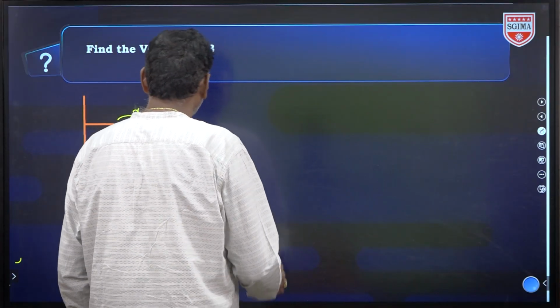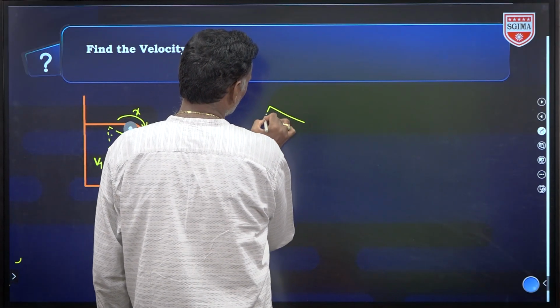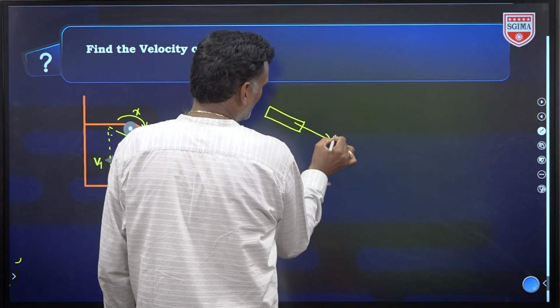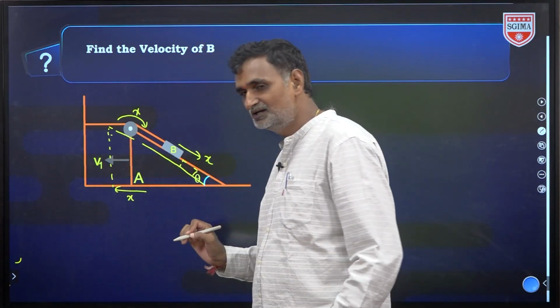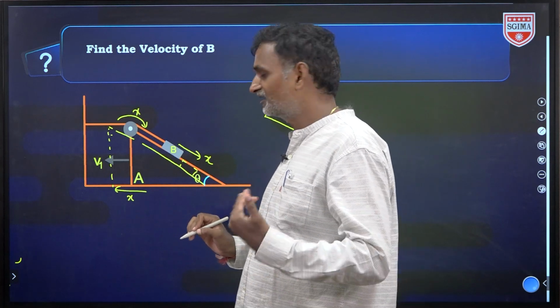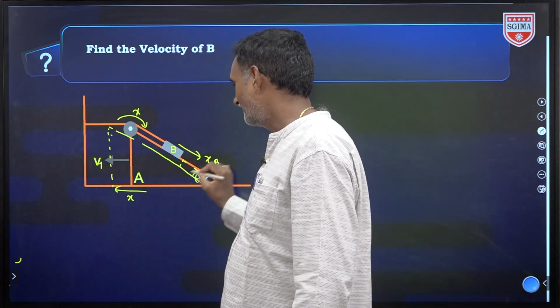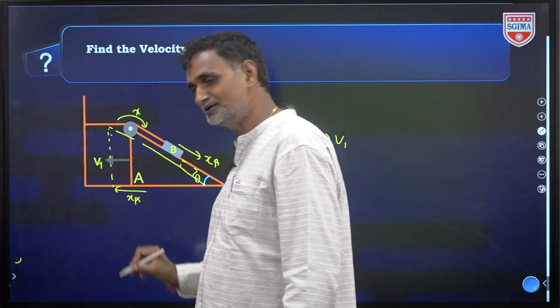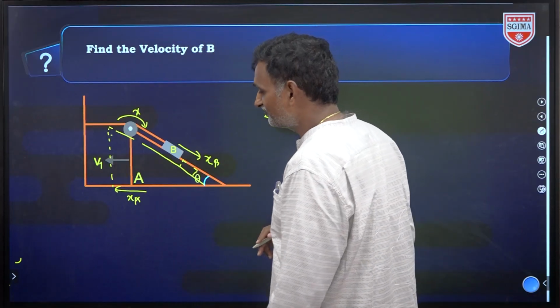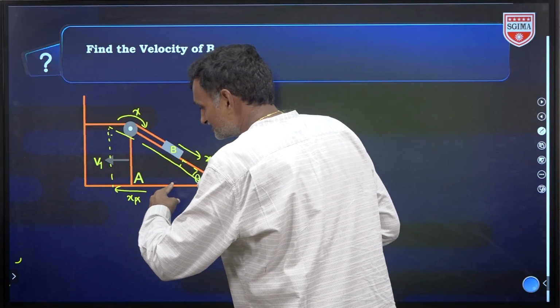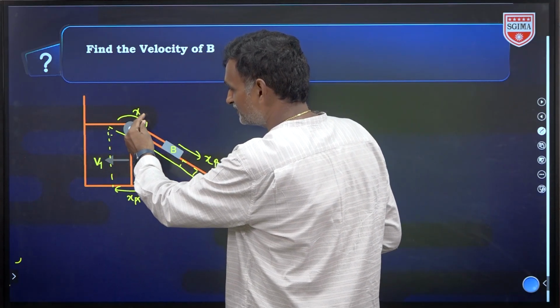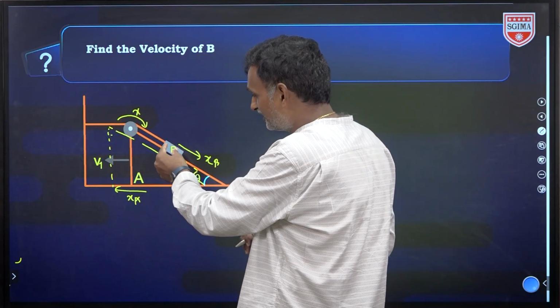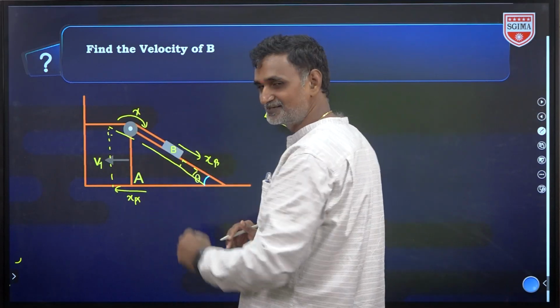Once again, the diagram: this is block B, falling downward with velocity V1 also. Why? Generally we take xb and xa, but as per the concept, if the wedge goes this side by xa, the same string loosens and comes this side, and block B also moves the same distance xa.